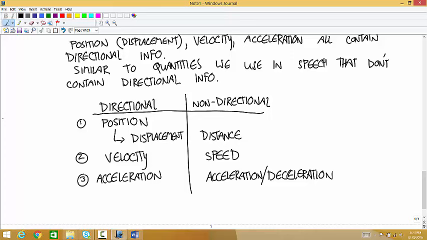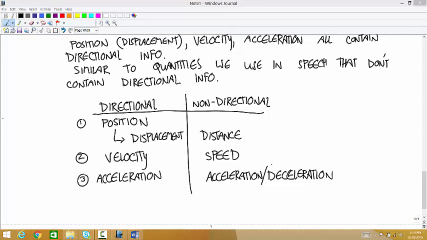If you talk about the displacement when you went to Duluth versus going to Des Moines, you'd get different answers because they're in different directions. Same thing with speed. If you're going 55 miles an hour north, that's the same speed as going 55 miles per hour south. Acceleration and deceleration, no matter what direction you're moving, if you're speeding up, you talk about accelerating. If you're slowing down, you talk about decelerating.